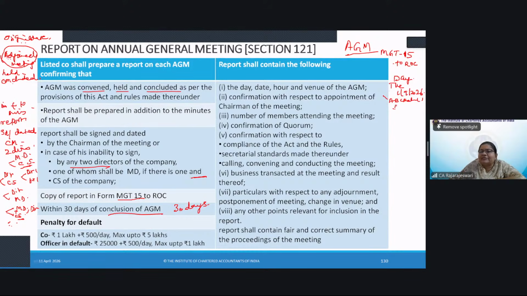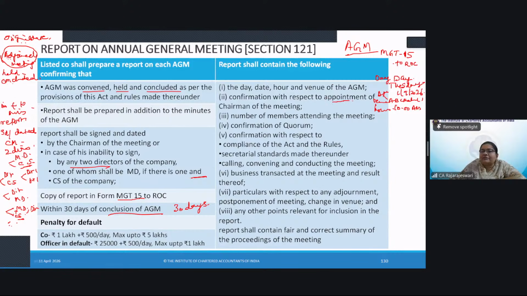Then which hour? At 10 a.m. So this specifies the hour, the venue, the date, and the day, Tuesday. You have to specify day, date, hour, and venue.